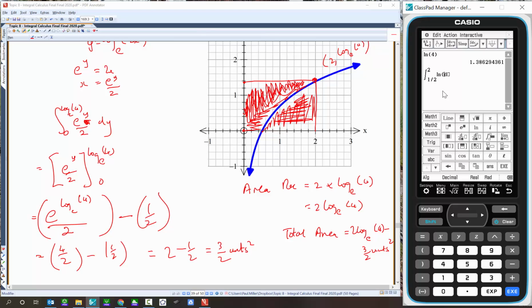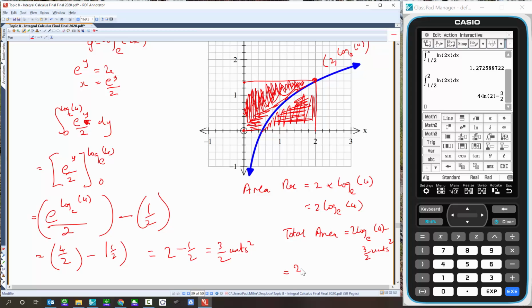ln, what was the function? ln 2x dx. Okay, so we look close, and what the calc's done is reduce this down, so let's do that step as well.